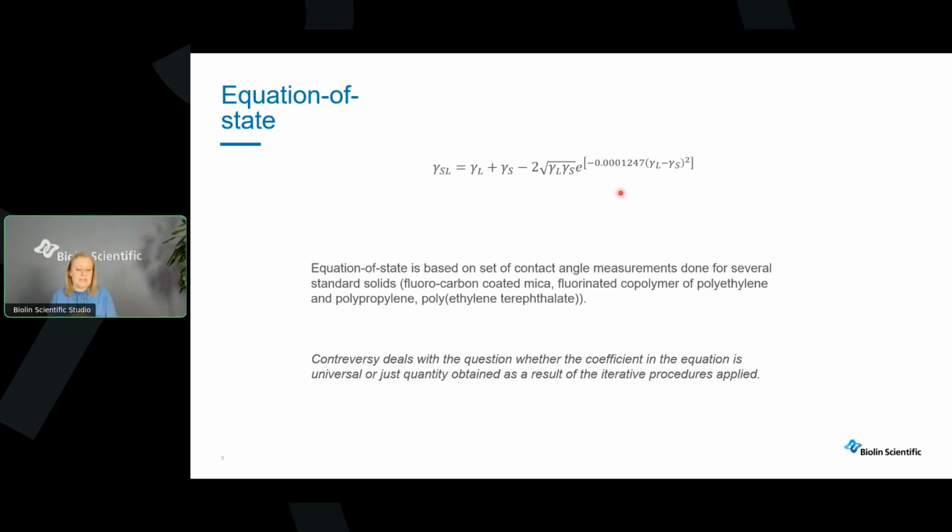It claims that by measuring just one contact angle, we would be able to access information about the interfacial tension between solid and liquid, but also the surface free energy of a solid. But as said, this is not very much used.